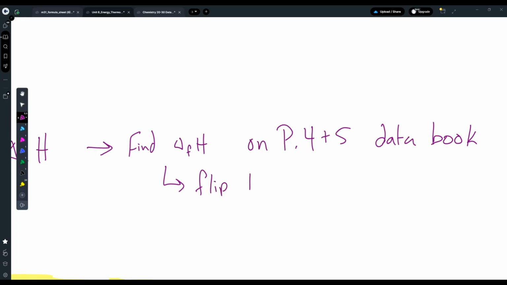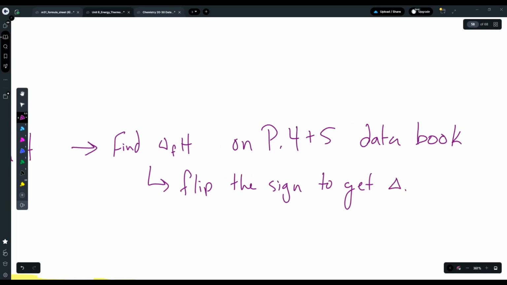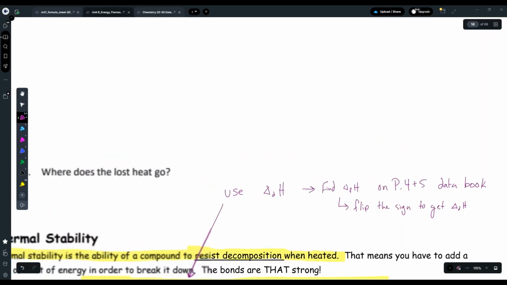You need to flip the sign to get molar enthalpy of decomposition. Okay, so if molar enthalpy of formation is negative, flip it into a positive to get molar enthalpy of decomposition. If molar enthalpy of formation is a positive value, flip it from positive to negative to get your molar enthalpy of decomposition.